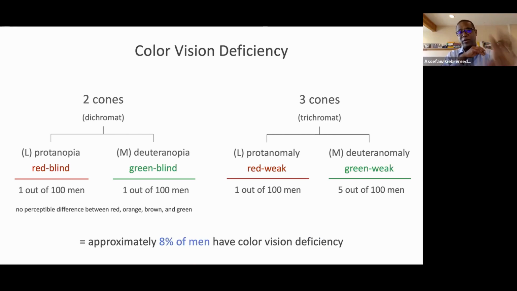The point here is our vision system responds to wavelengths in different ways. We've got two cones and three cones in our visual systems that take care of things the way they are. And when we have deficiencies, there is a way to understand them, but also to try to see what they would be like when simulated.